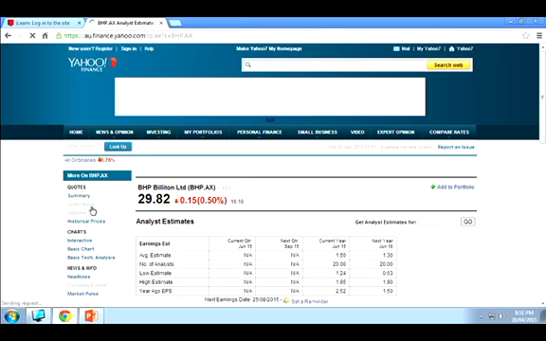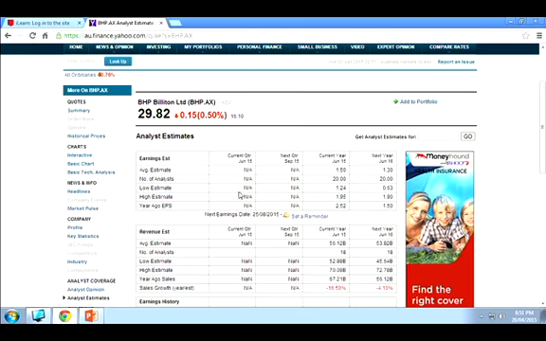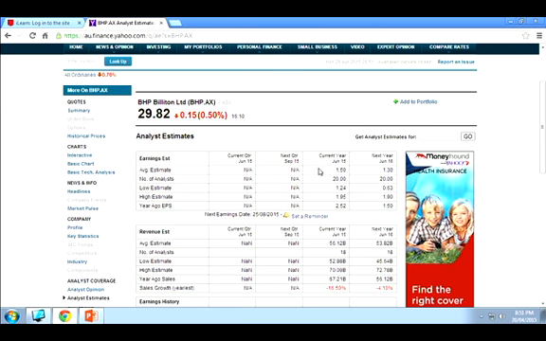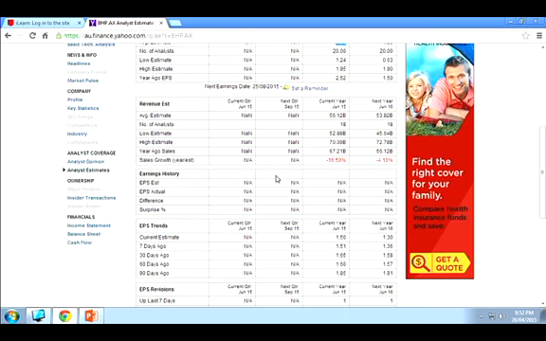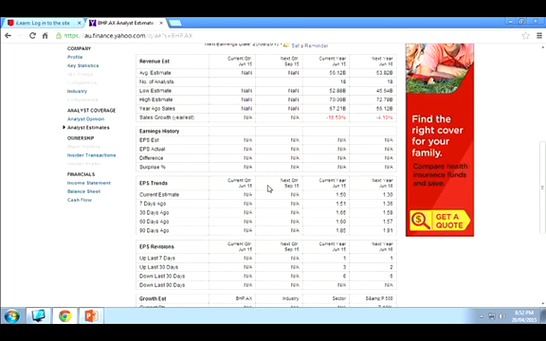This is Yahoo Finance again. You can see current year. So you can see all the earnings estimates here. Current year. Well, actually, it's not. This one is actually not particularly helpful. But the idea is that if you can look at some of the EPS trends, that'll effectively get you a window on how earnings forecasts are being revised.